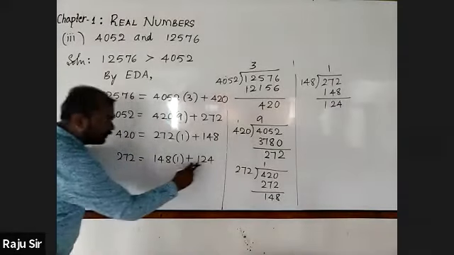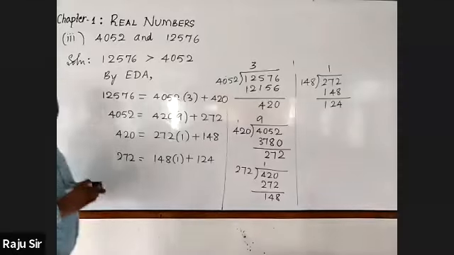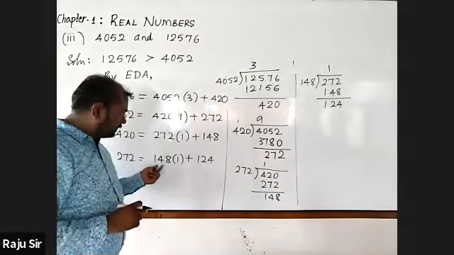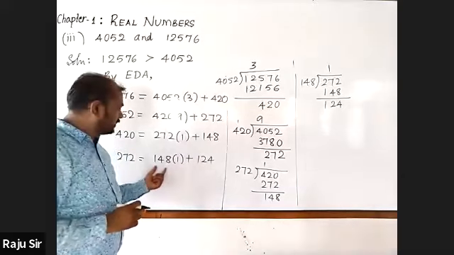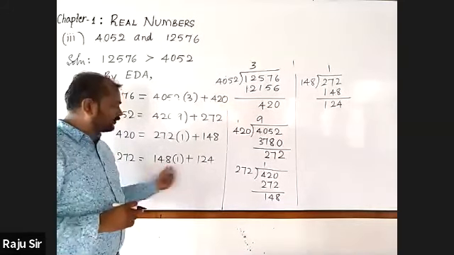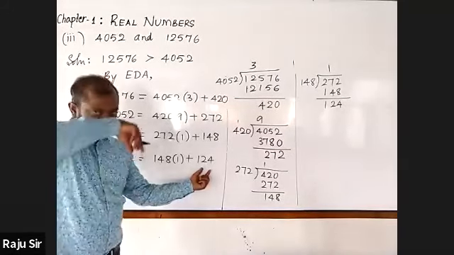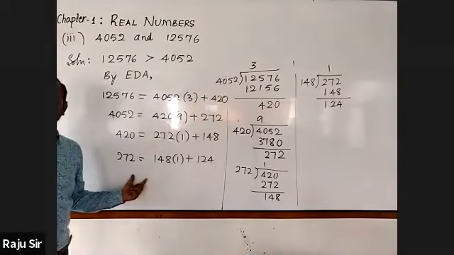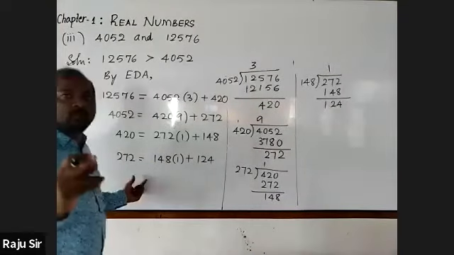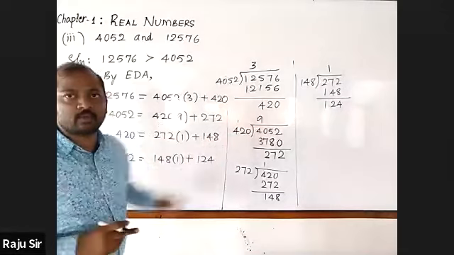Now you can notice that the remainder is again not equal to 0. Continue. These two numbers, 148 and 124, are very small numbers. It is easy to write in the form of a equal to bq plus r without using the working column.